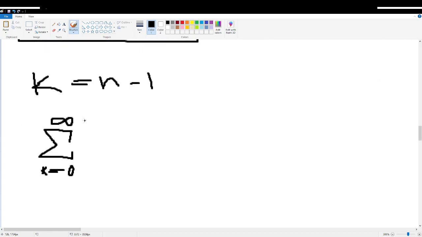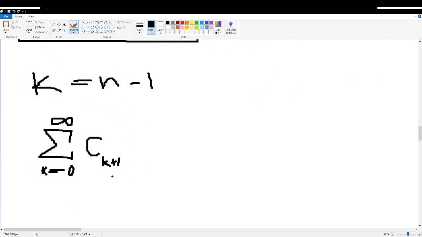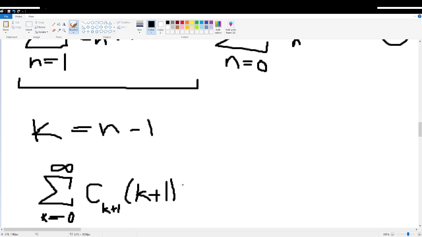Then c of n is going to be, well, let's look at our equation, add 1 to both sides, c of k plus 1. Because if we rearrange to solve for n, we get k plus 1. n, the same way as it did for c, is just going to go to k plus 1. And now what we wanted, x is going to become x to the k.